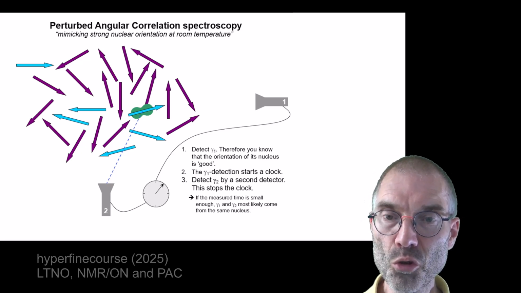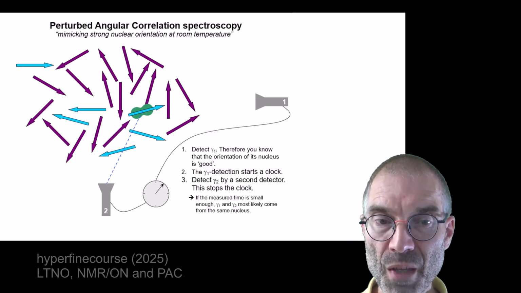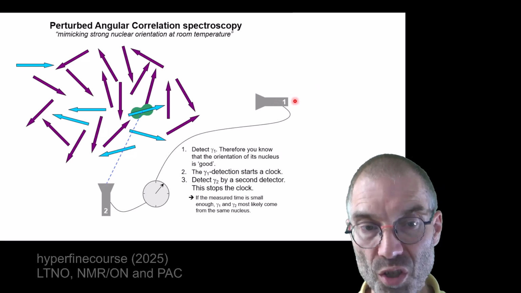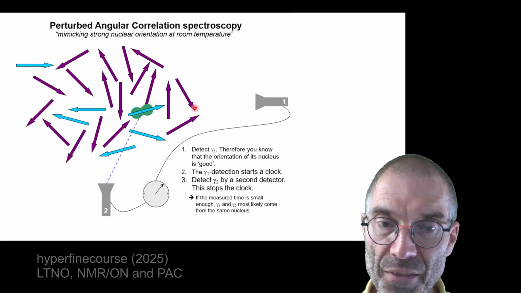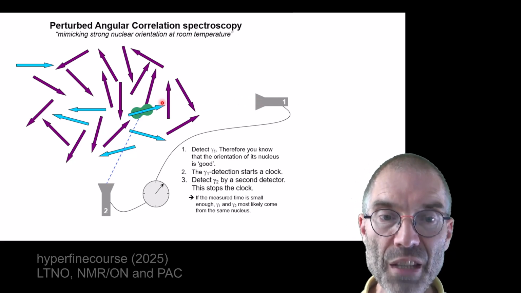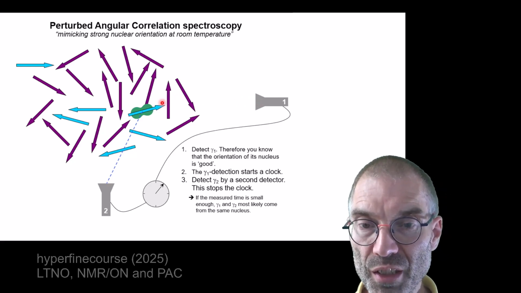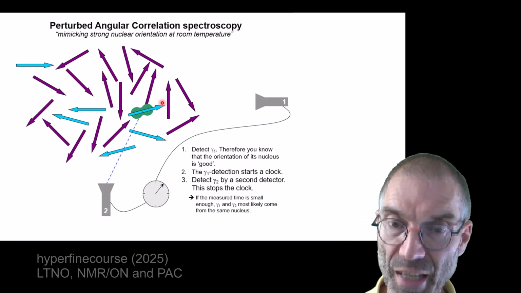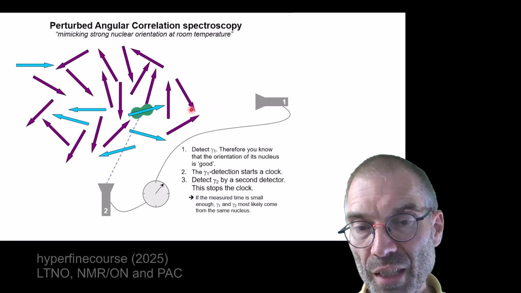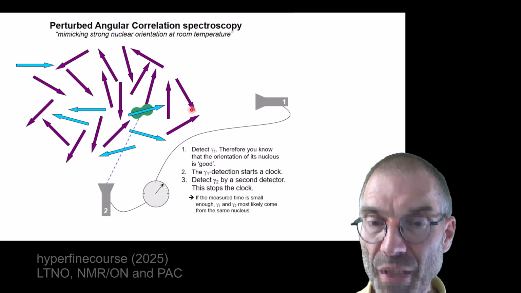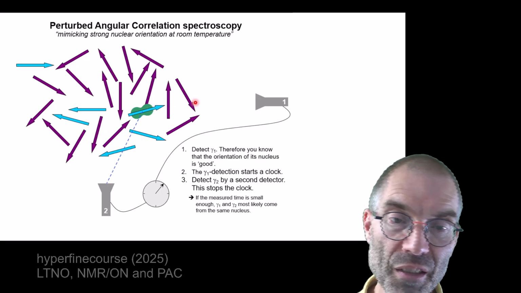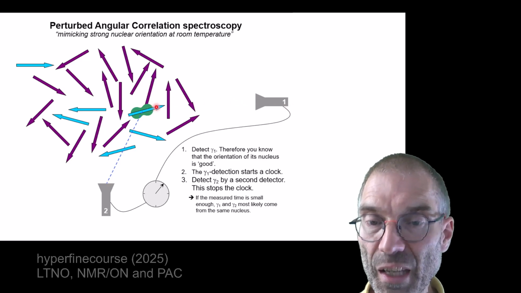So what is the idea? You have a collection of nuclear spins. You have a detector labeled 1 or start. And if that detector sees a photon in a two-stage nuclear decay, a gamma-gamma cascade, then you can say on average this probably comes from a nucleus that is pointing in the direction of this detector.